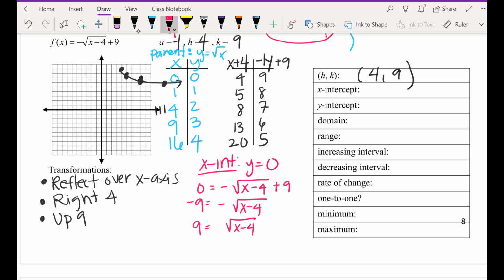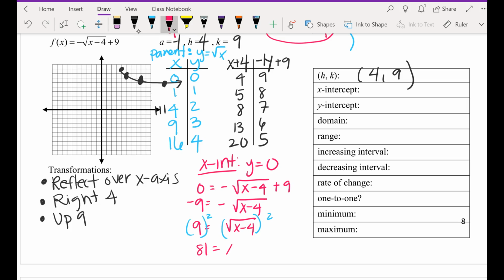What do we do next? Matt. For X-intercept? Yep, that's where we're at. Looking for x-intercept. What you gotta do is you have to square both sides. Thank you, sir. It would be 81 equals x minus 4. Good.